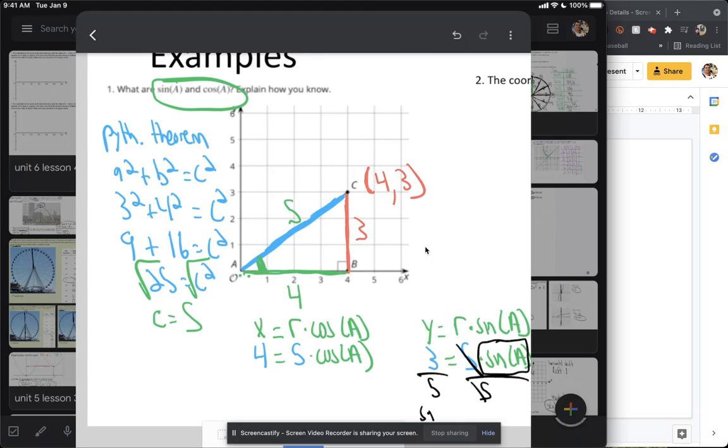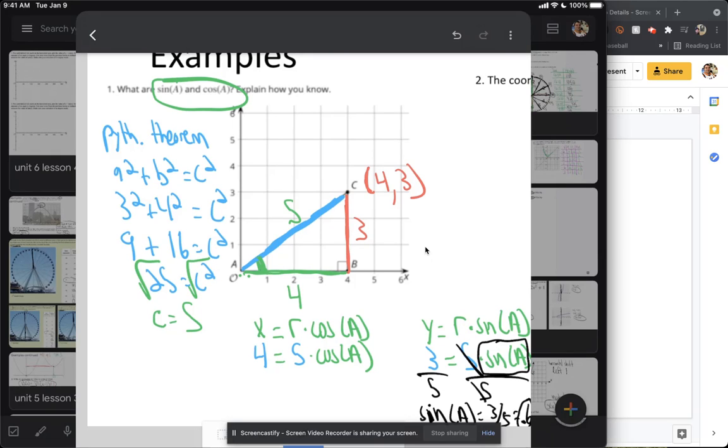So I'm going to say that sine of a is equal to 3/5. I'm going to leave it as a fraction, and if I put that as a decimal, that's approximately 0.6. So 3 divided by 5 is 0.6.